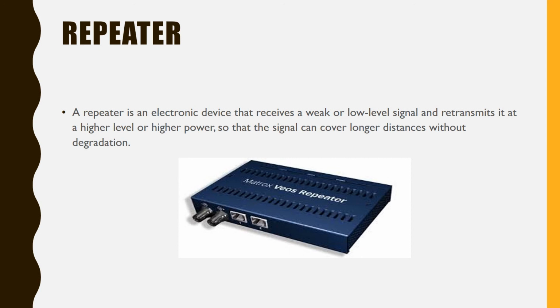Now to maintain the quality of signals, it is very important that there should be a device in between so that the quality of signal is maintained at every stage. Therefore, this problem can be removed with the help of repeaters. So repeaters are amplifying devices.